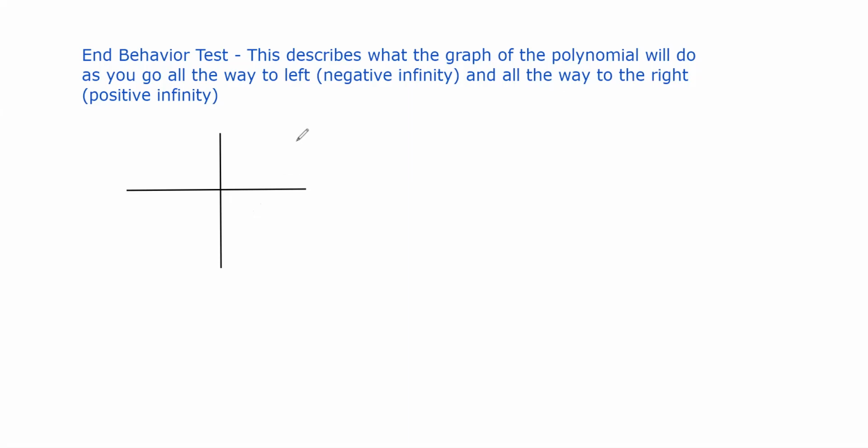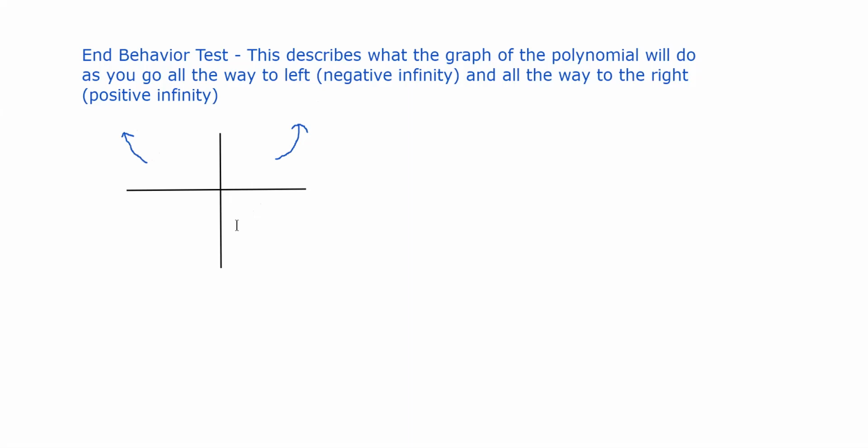So the first thing that can happen, and that's a terrible arrow. That isn't much better, but it's going to have to function here. A polynomial that goes to positive infinity to the right and also positive infinity to the left.